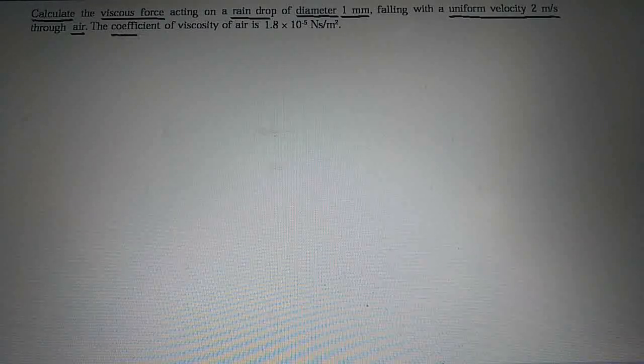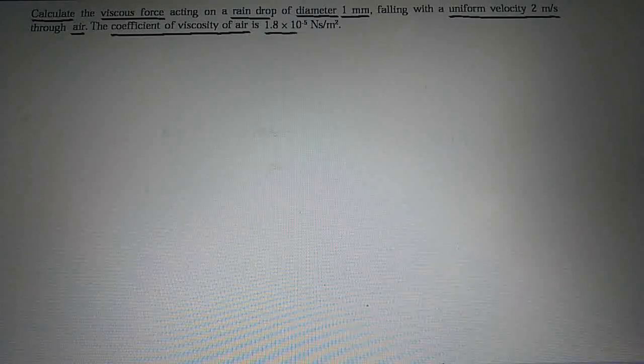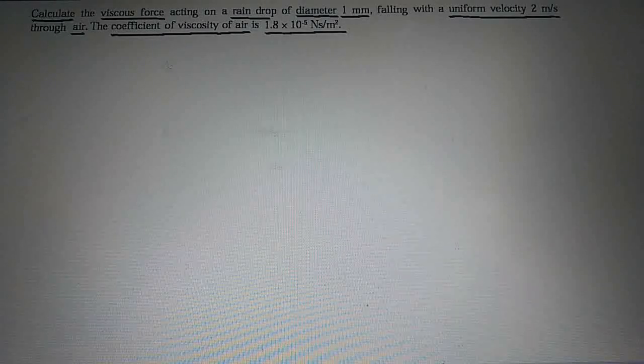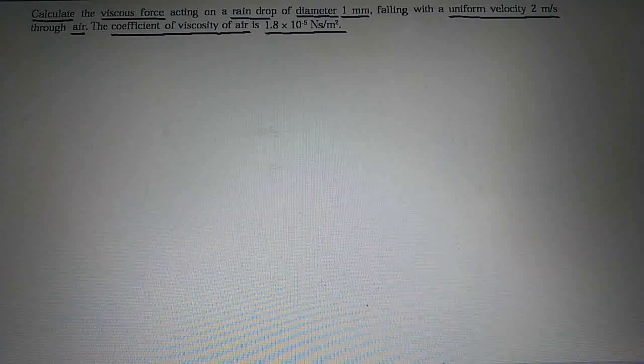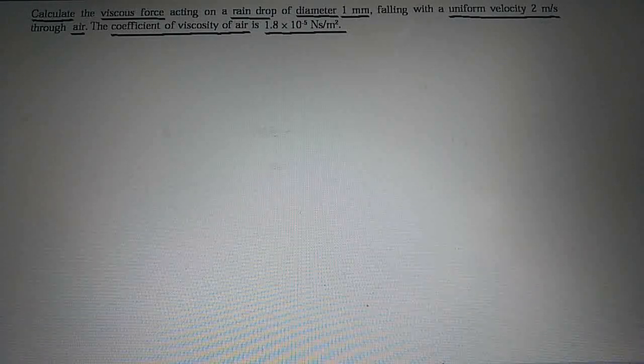The coefficient of viscosity of air is 1.8 into 10 raised to minus 5 Newton second per meter square. So in this question, we have to calculate the viscous force acting on a raindrop of diameter 1 mm falling with uniform velocity 2 meter per second through air.